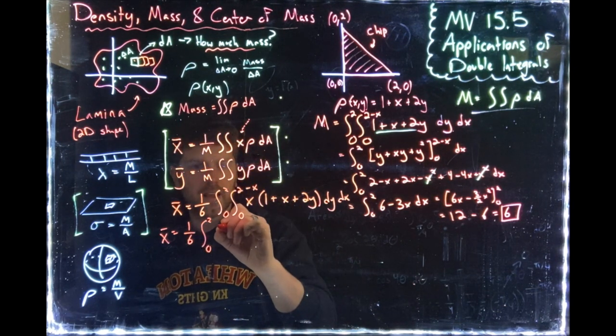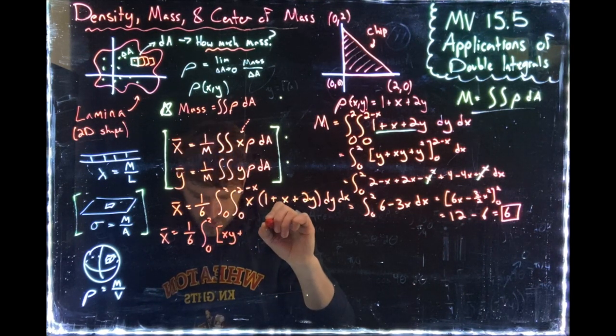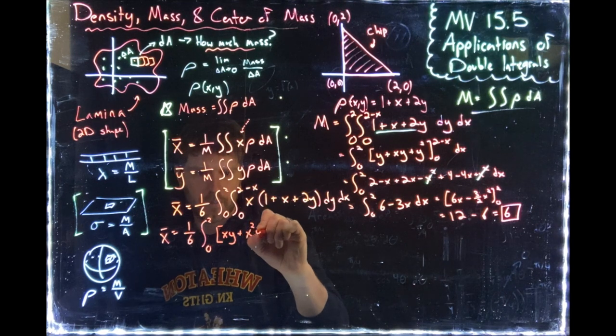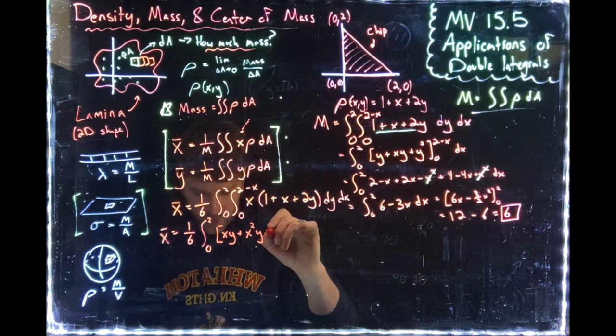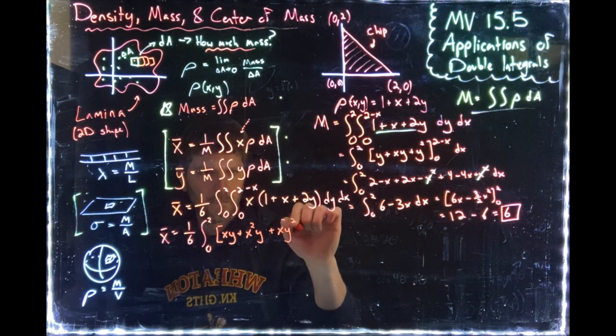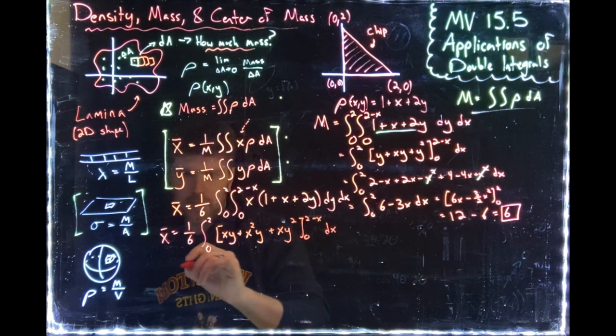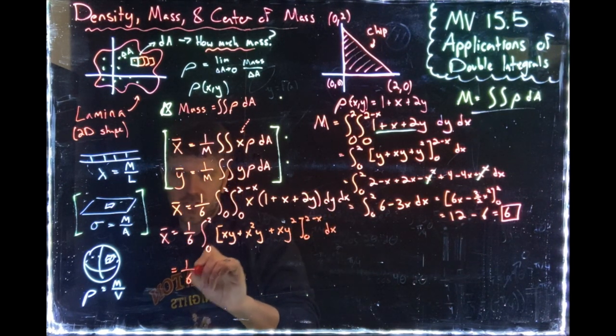And in this case, I get xy plus x squared y plus xy squared from 0 to 2 minus x dx.